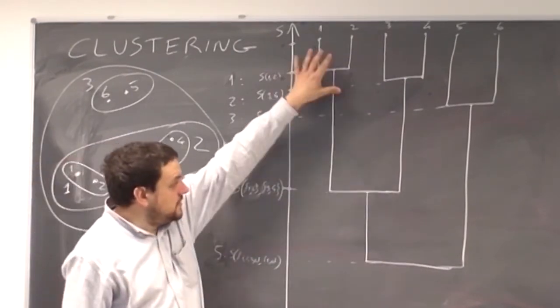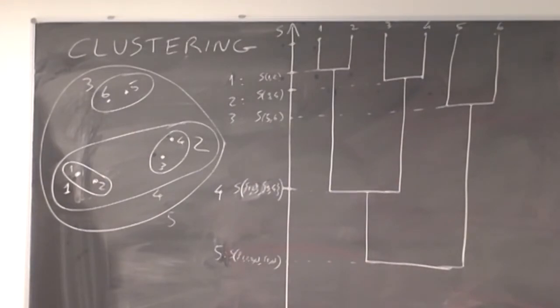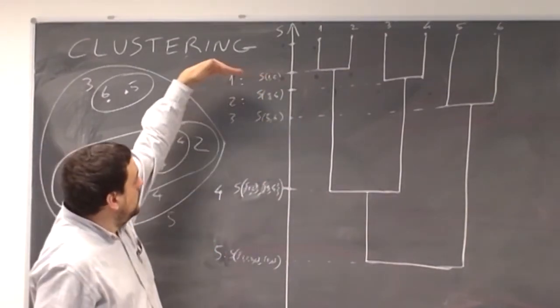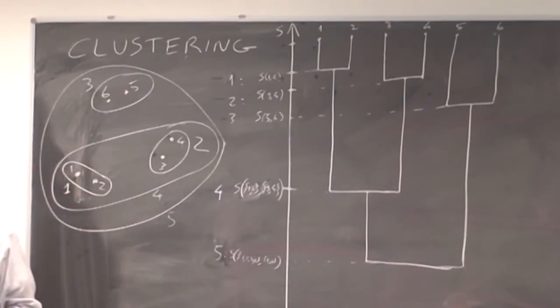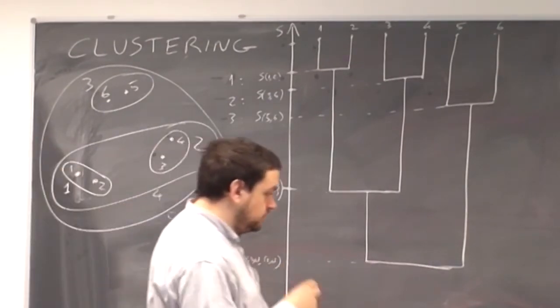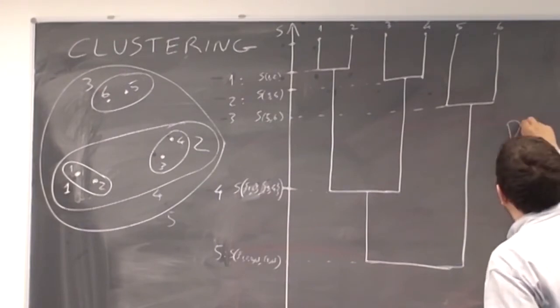Okay, so this is a visual representation of what has been done. And in particular, in this representation, we can precisely define the level of similarity that was considered at each step. Okay, by the way, this kind of diagram is called a dendrogram.